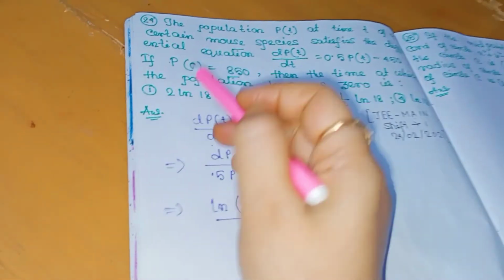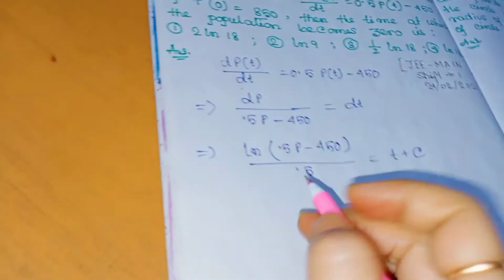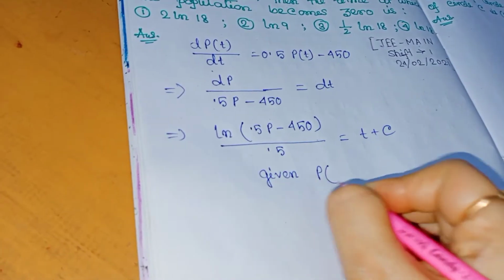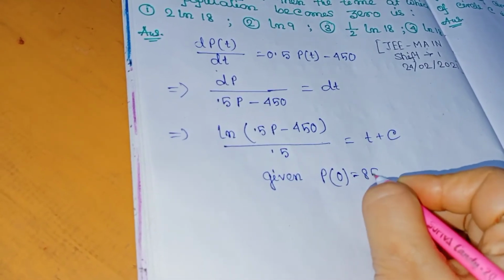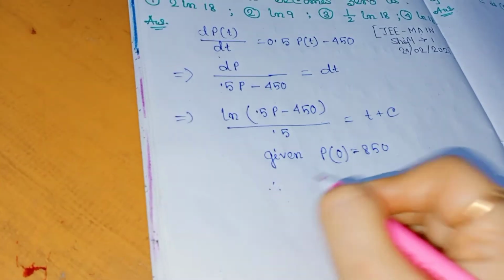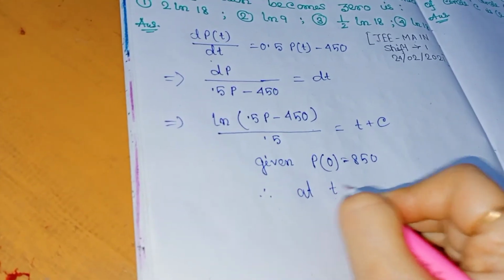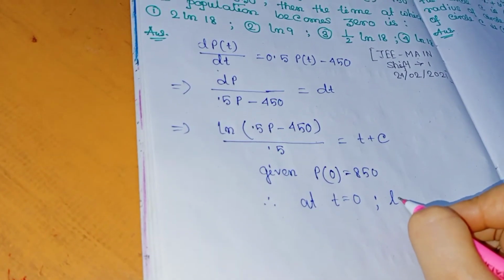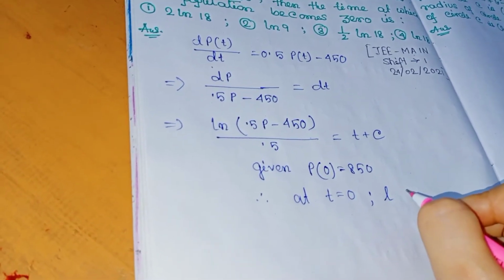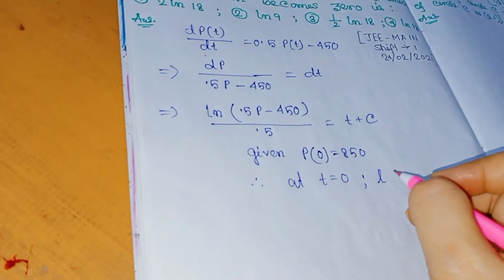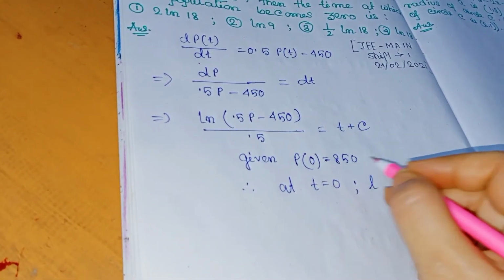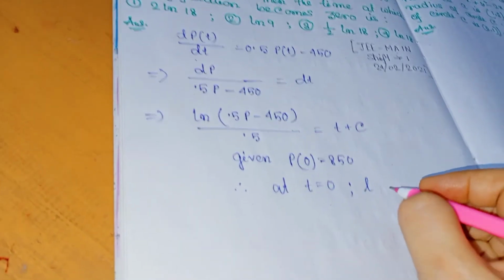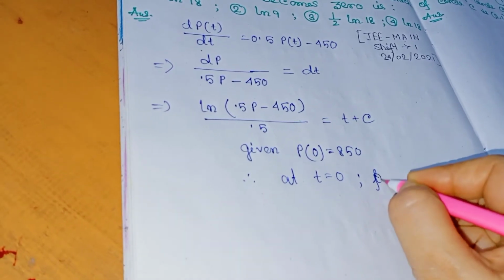And given that P(0) is equal to 850, therefore at t is equal to 0, P is equal to 850.